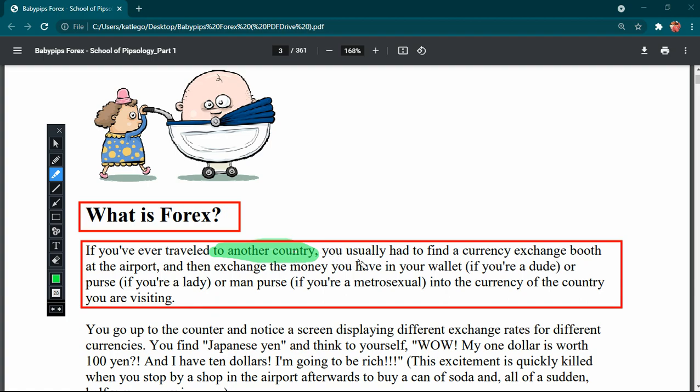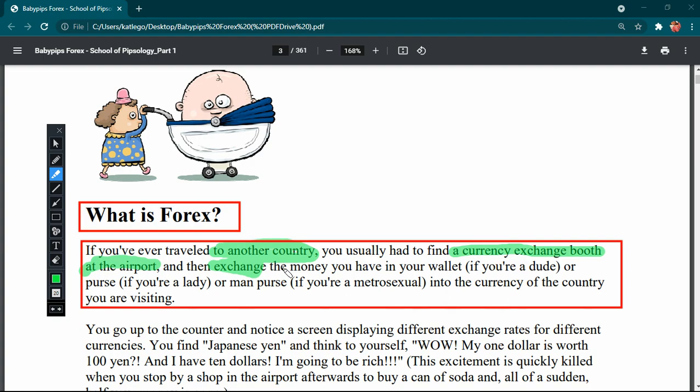It says you usually had to find a currency exchange booth at the airport. It can be, in your case, if you've traveled with a yacht or so, at the depot. It says a currency exchange booth at the airport, and then exchange. Keyword, and then exchange.